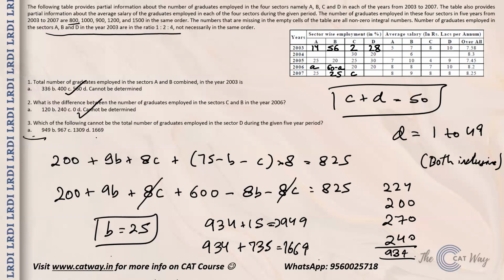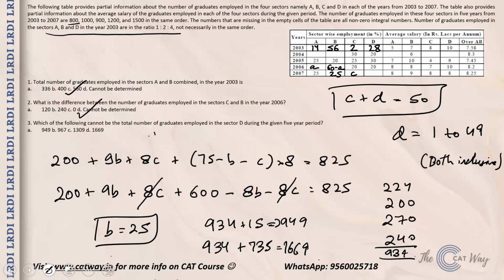So both these values A and D are possible. Also, B and C both lie between those values. So you cannot directly say this is out of the range that we get for D, so it cannot be the right answer, because all 4 values are falling into the range of D. So you need to identify going via the percentage calculations.